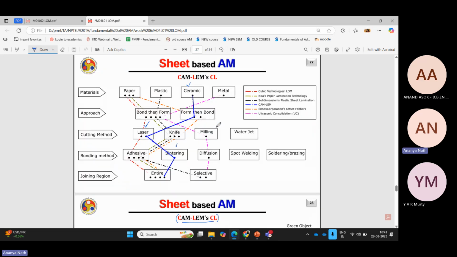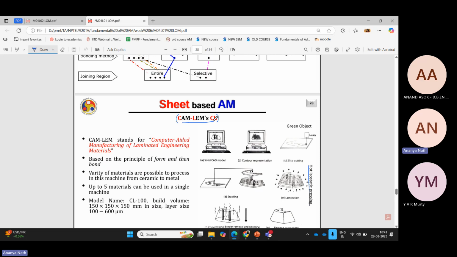I also don't have the full form right now, but CL should have some. No, CL is like the CAM and LEMs is CL. Okay, this is the name: computer aided manufacturing. So CL's full form is computer aided manufacturing of laminate and engineering materials.